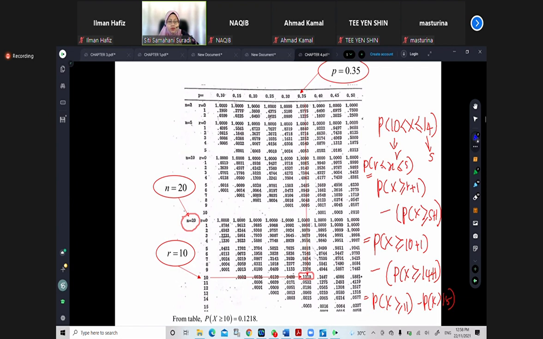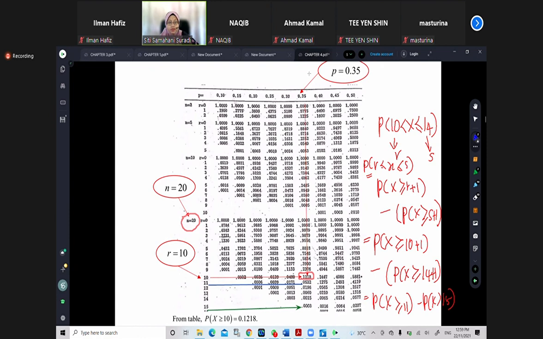So the first should be 11, this one. And then the second one should be this one. You just take the values and substitute into these equations. Only that.